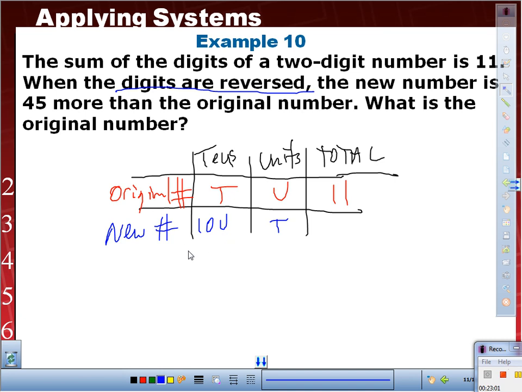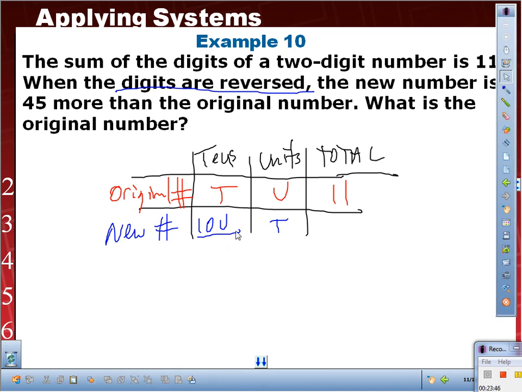But now it's in the 10th spot, so it's how many units? 10 units. Every single time. Oh, for the sum. Yeah. Oh, okay, got it. Yeah, well, it doesn't go like that.